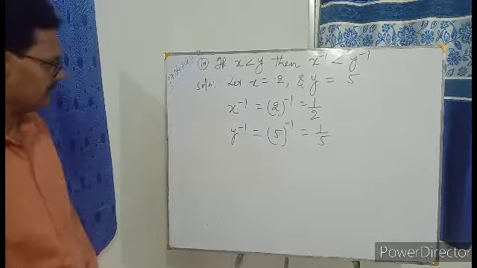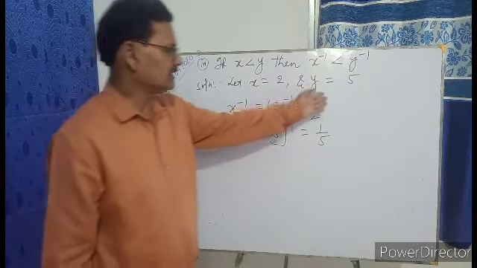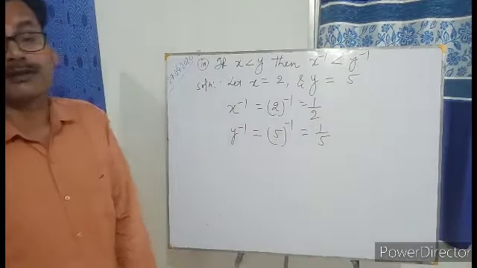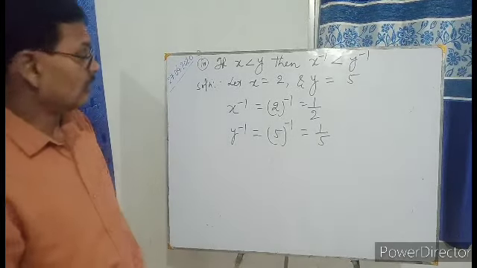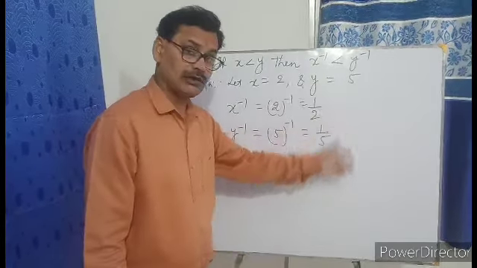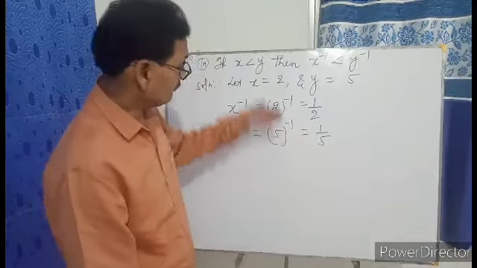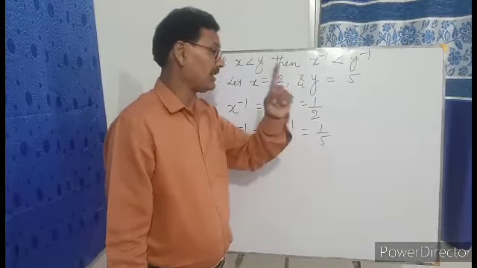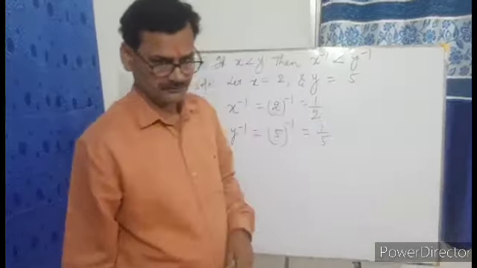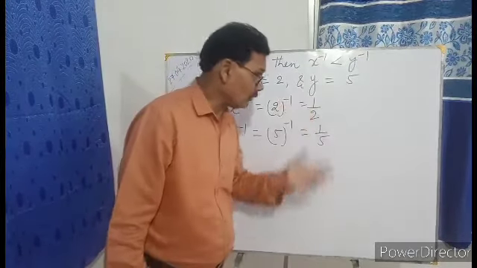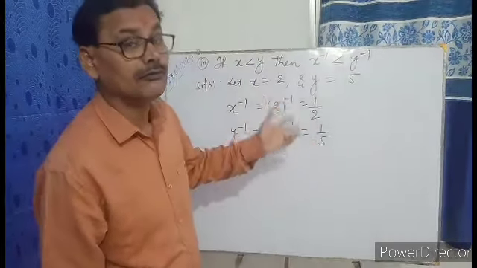Now what do you observe? Which of the two is greater? 1 by 2 and 1 by 5. Which of the two is greater? 1 by 2 or 1 by 5? You need not get confused. This is one part, whole one part is divided into two equal parts. And this is one whole part is divided into 5 equal parts.